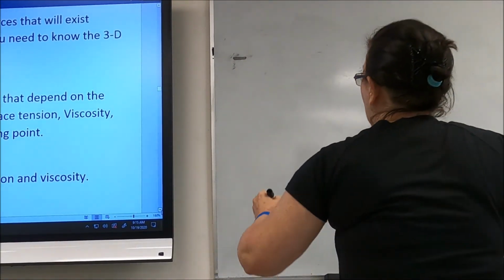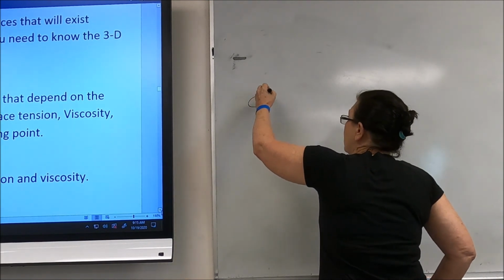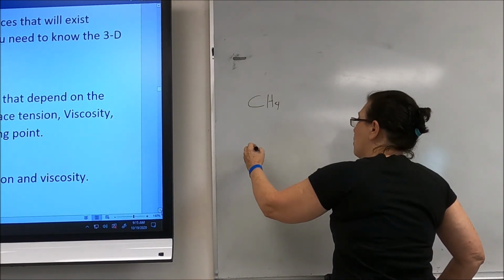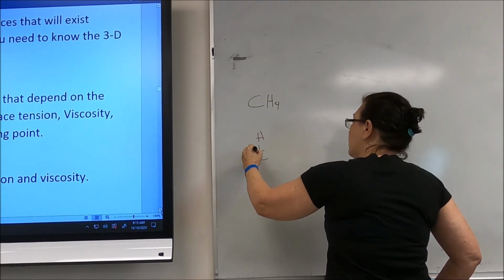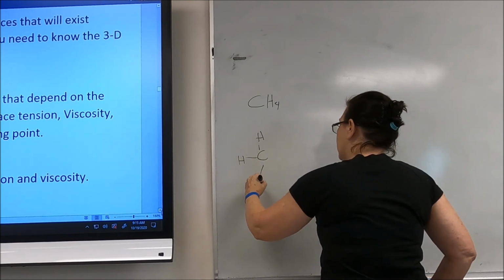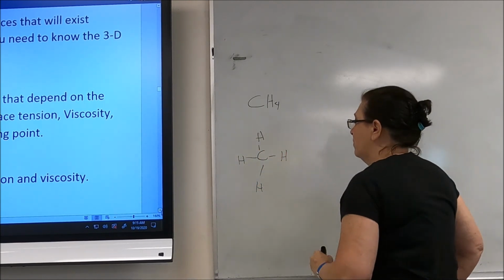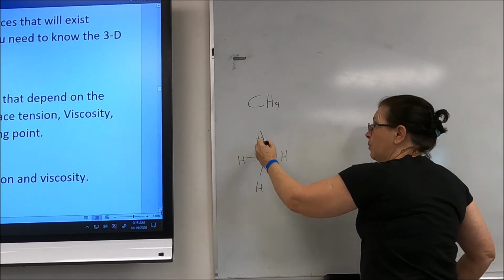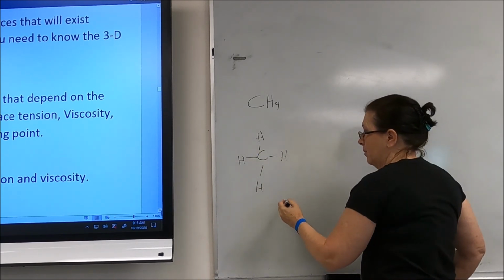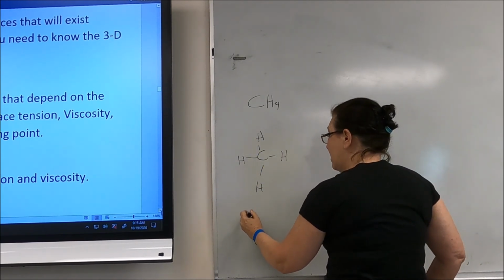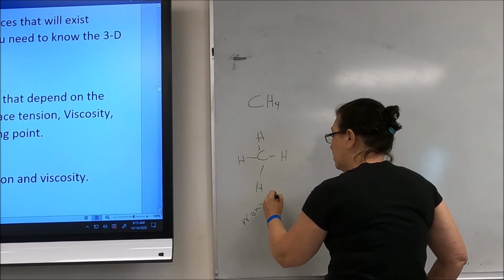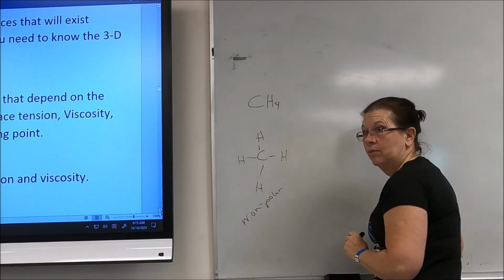Okay, so if I gave you CH4, we draw its Lewis dot structure, looks like this. Remember, all four groups around the central atom are the same. That means that this is a non-polar molecule.